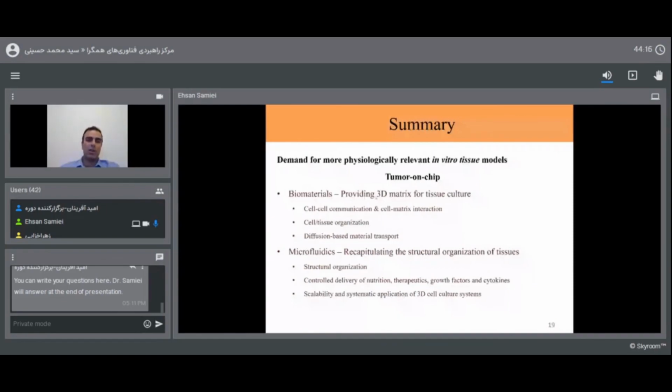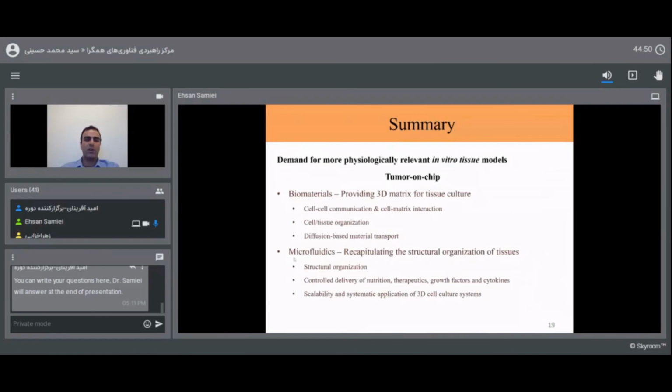Biomaterials can be used for providing a 3D matrix for the cells, and that improves cell-cell communication and cell-matrix interaction. They can be used for the formation of tissue and cell organization, and by co-culturing and involving a higher number of cells, more complex tissues can be formed. Also, the mechanism of material transport is diffusion-based, which is more biomimetic.